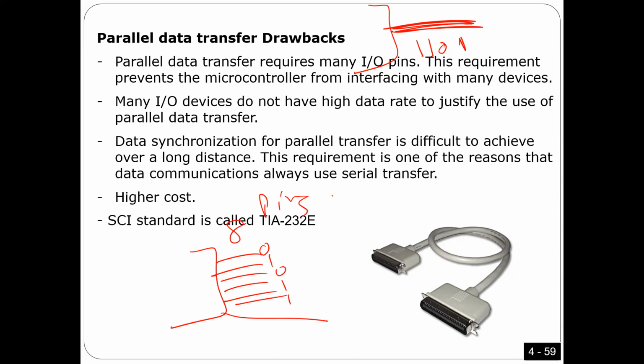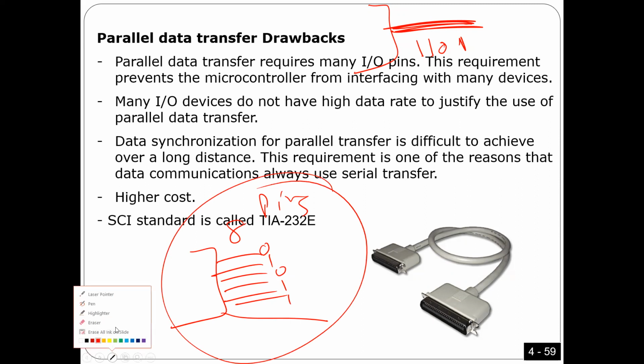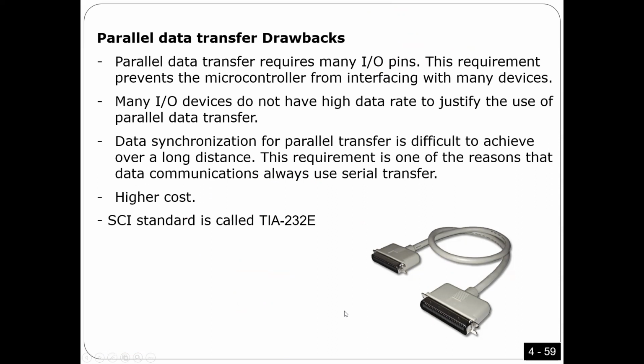For sure, parallel is very fast. However, usually in microcontrollers we don't use it. The main reason is that most of the devices we are using don't need this very fast communication.